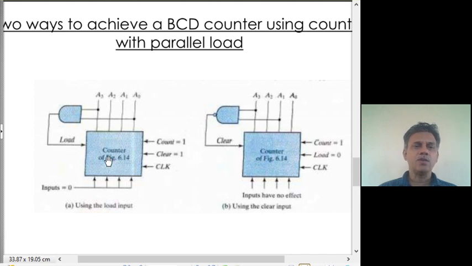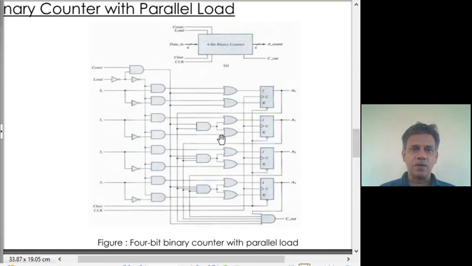Such a unit is being given here, and it has the capability of not only counting up, it can also load in parallel. For example, this is the circuit diagram we talk about. It can count up as well as do parallel load operations.